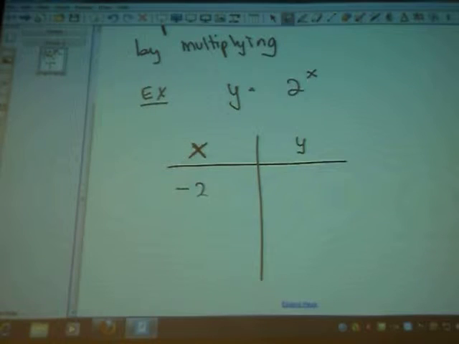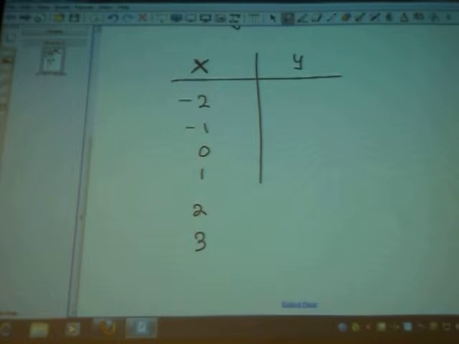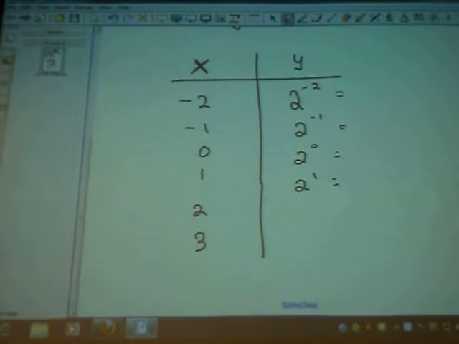Let's do -2, -1, 0, 1, 2, 3. Okay, so if I plug each of those into my function, we have 2 to the -2, 2 to the -1 power, 2 to the 0 power, 2 to the first power, 2 to the second power, 2 to the third power. Now let's see what those are equal to.